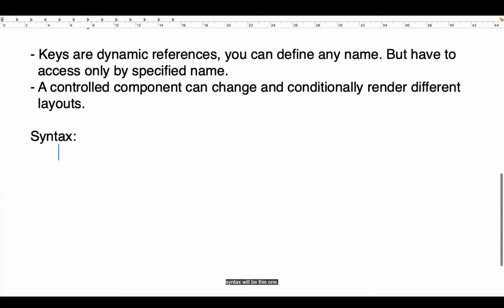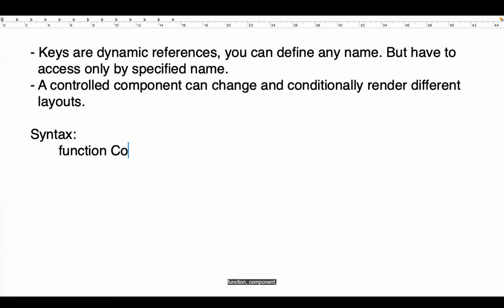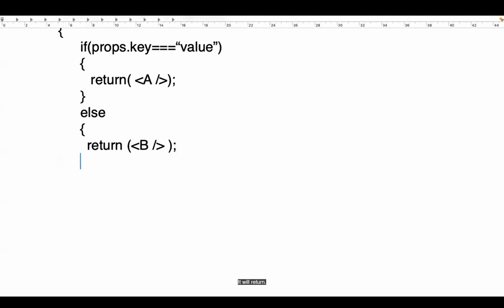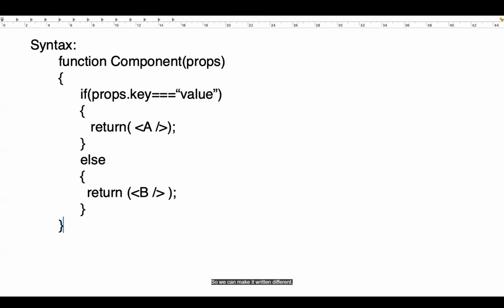Syntax will be this one. Function component, props. If props.key is equal to value, then it will return some A. Otherwise, it will return B. So we can make it return different things.